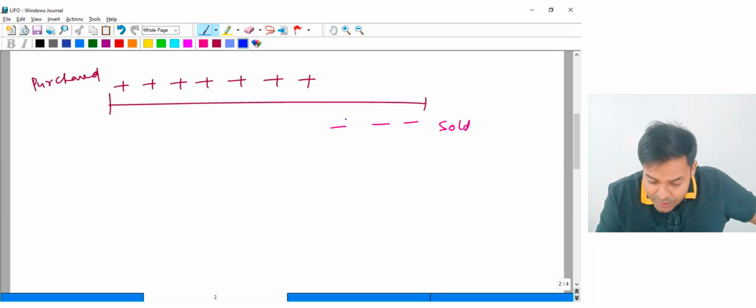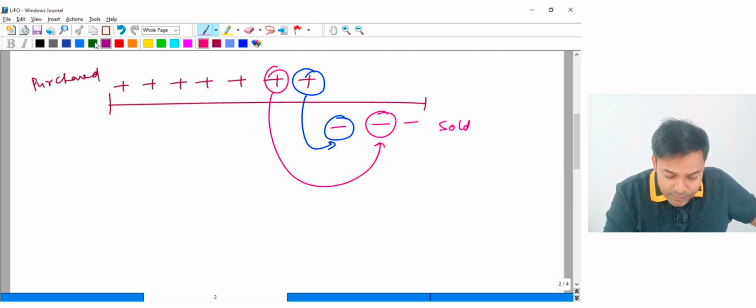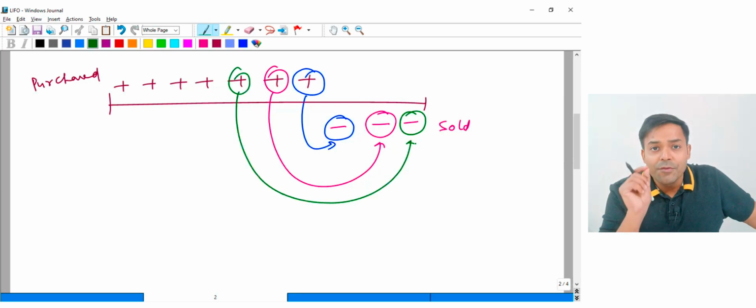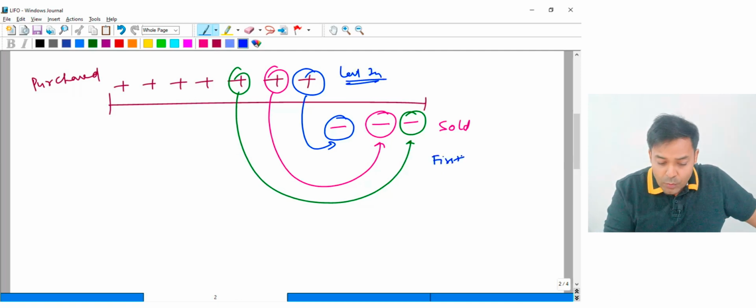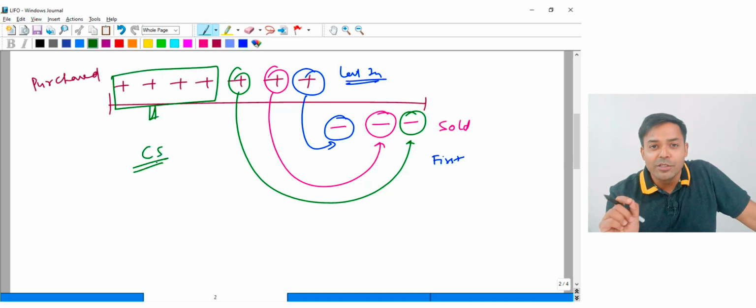That means first this item will go, second this will go, and lastly this will go. These are the items which came in last, and that's why they are going out first. What about the rest of it? These are going to be your closing stock.